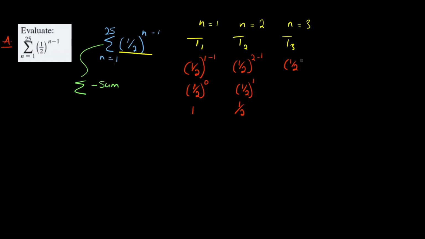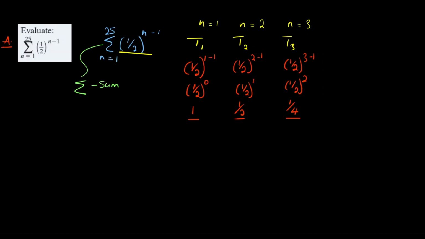And we continue. 1 over 2 to the power of 3 minus 1, which will be 1 over 2 to the power of 2, which is 1 over 4. So we can see our first 3 terms are 1, a half, and a quarter.